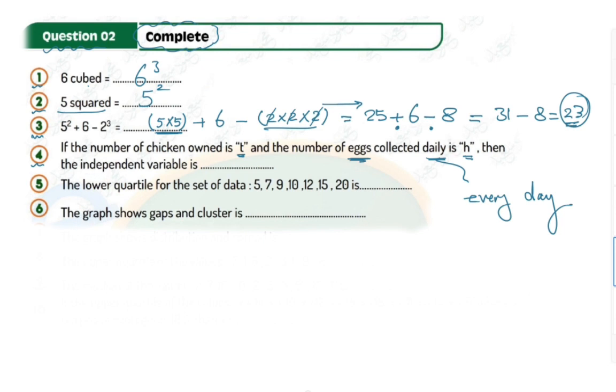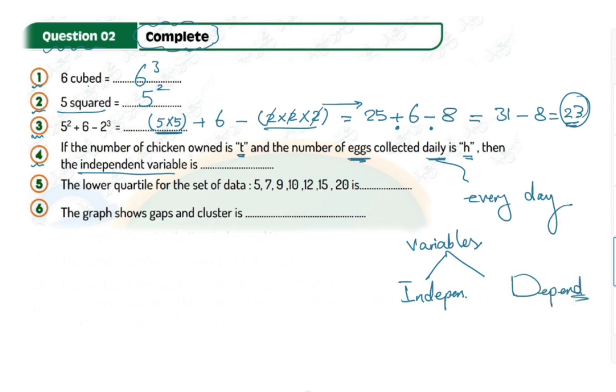Then the independent variable. I know that variables have two kinds: one is independent and the other one is dependent.